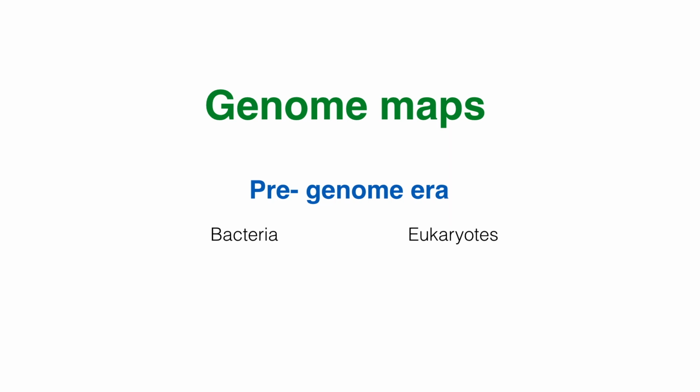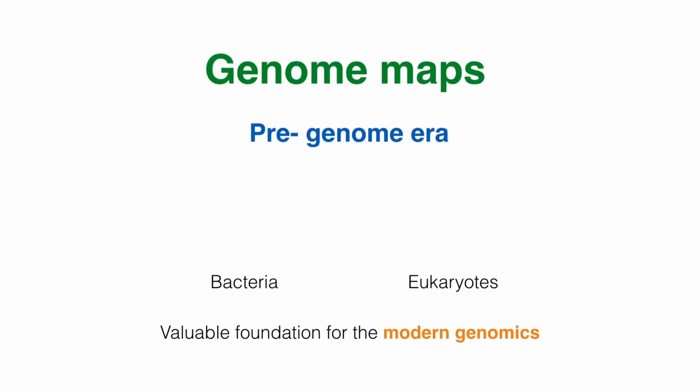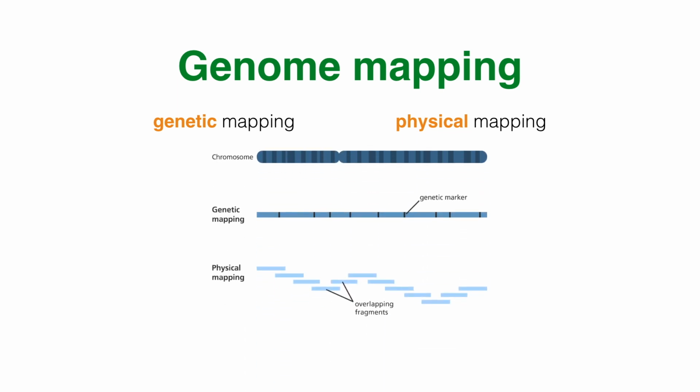These early efforts were not in vain and have provided a valuable foundation for modern genomics. Specifically, there were two general types of genome mapping called genetic mapping and physical mapping. Both types of genome mapping could guide scientists towards the location of a gene or a section of DNA on a chromosome. However, they relied on very different information.